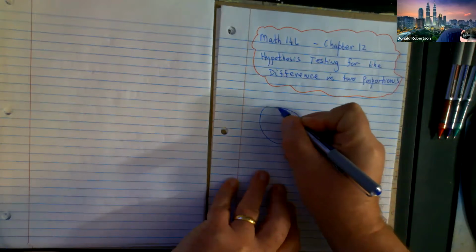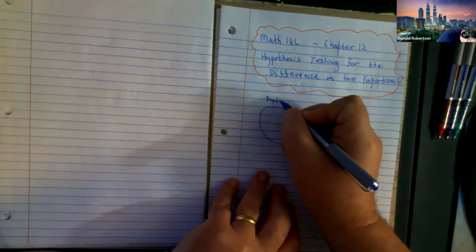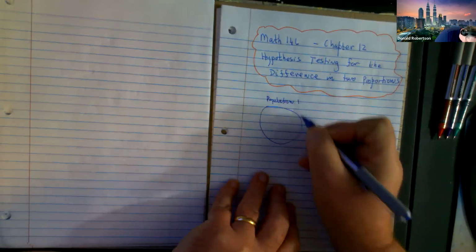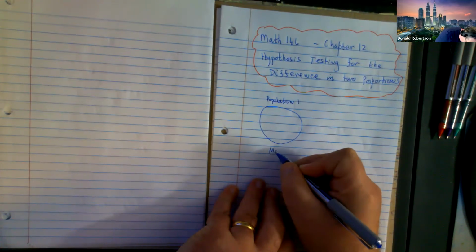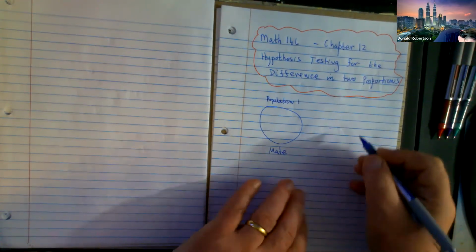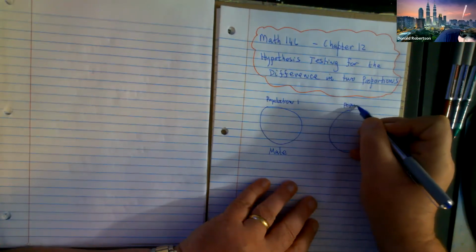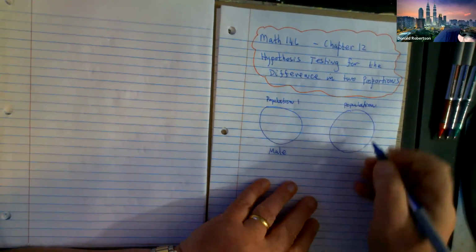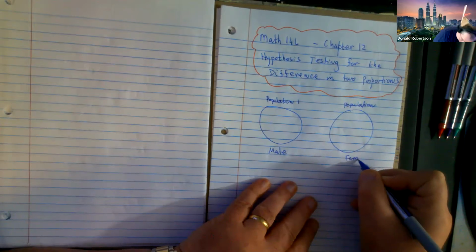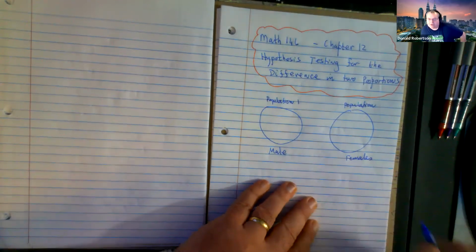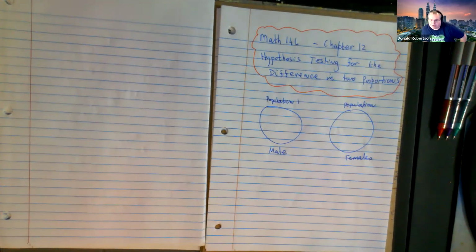So here is the big picture. I want you to imagine that you have two distinctly different populations, right? Population one will have self-identified males, and population two females. And we want to see if we can prove that there's a difference between the two in some way.